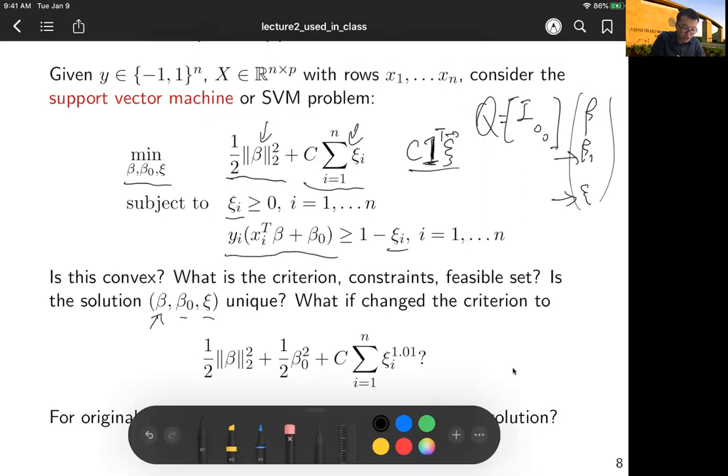And suppose we change the objective criterion by adding beta 0 back with a beta 0 squared, and adding something like that, right? Can someone answer whether this makes everything strictly convex?